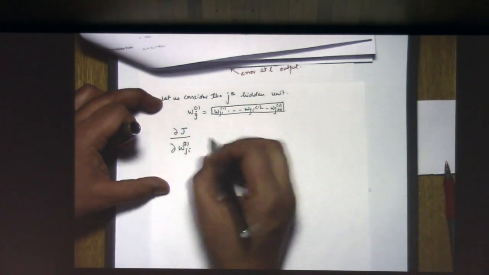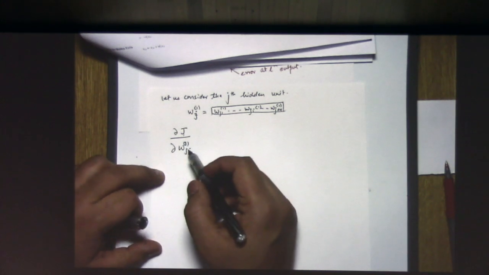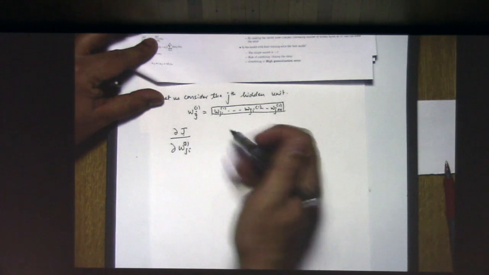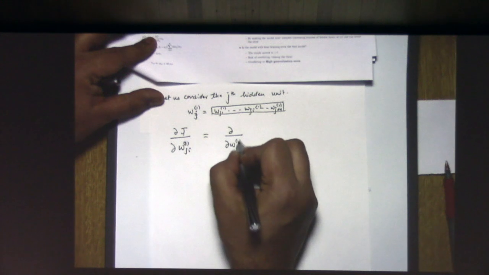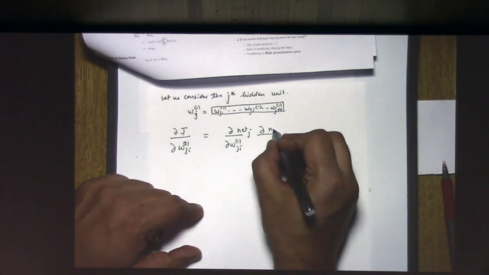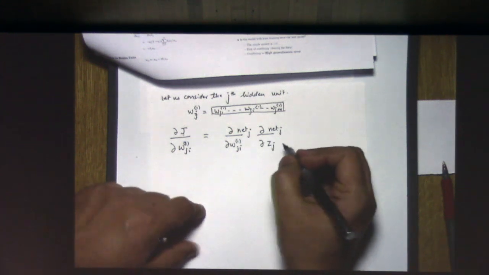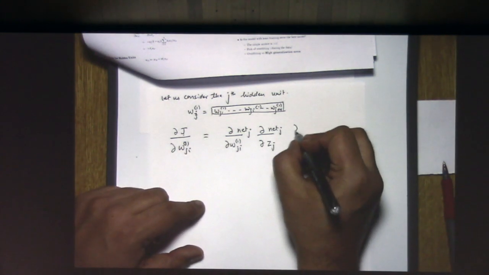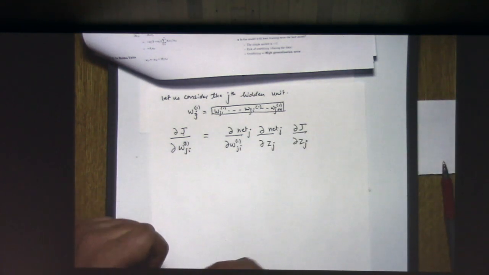Now this becomes a little tricky, because j is not directly connected to the output. So the way you write this is the derivative of net of j, which is that W transpose thing, and then net of j with respect to the output going out of this, which is zj, and then the error with respect to zj.